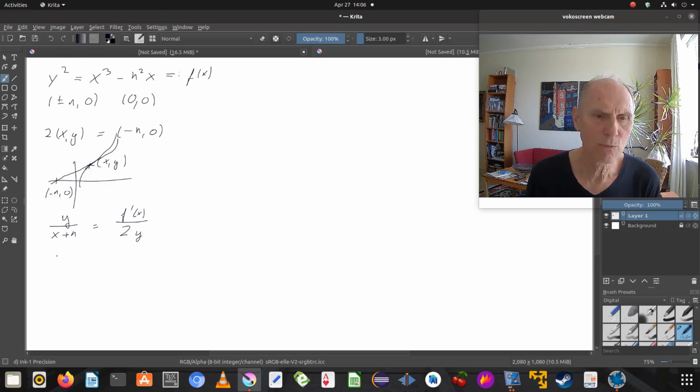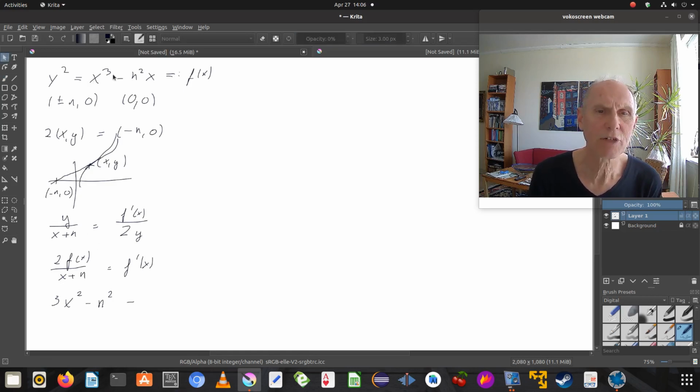Multiplying by 2y, you get y squared divided by x plus n equals the derivative. So the derivative minus this guy, and that's very easy because we can factor out x plus n here. So it's x times x minus n, and then a factor 2.